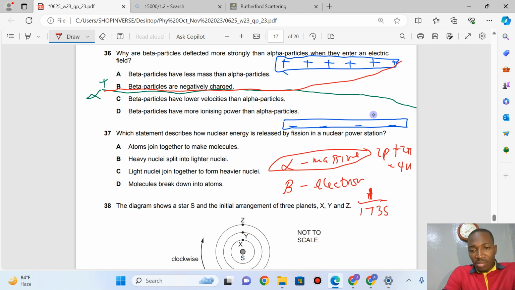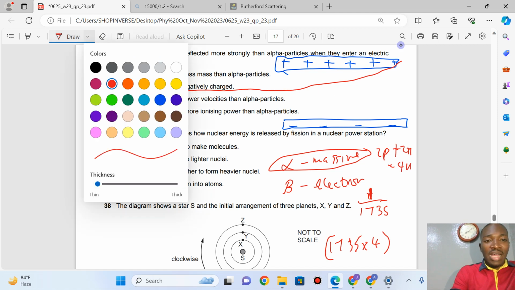So that means an alpha particle will be 1,735 times 4 times heavier than the beta particle. That's why beta particles would easily be deviated. They experience more deviation, while alpha particles experience slight deviation.